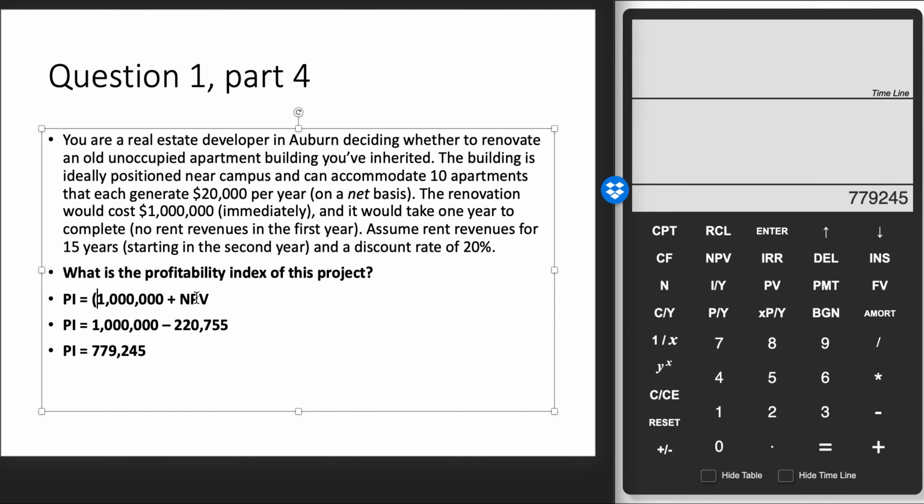So the profitability index is going to be this amount divided by the initial cost.